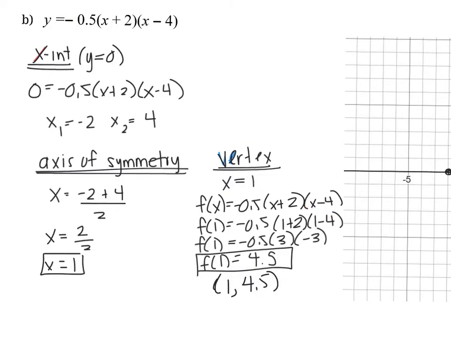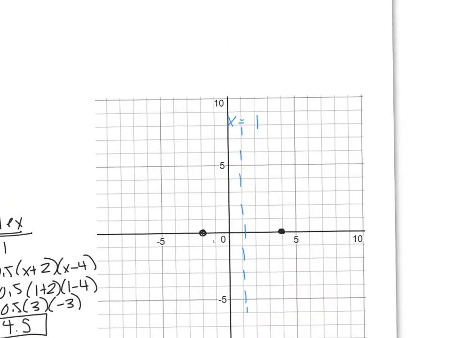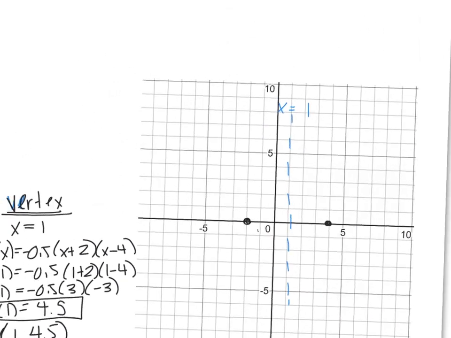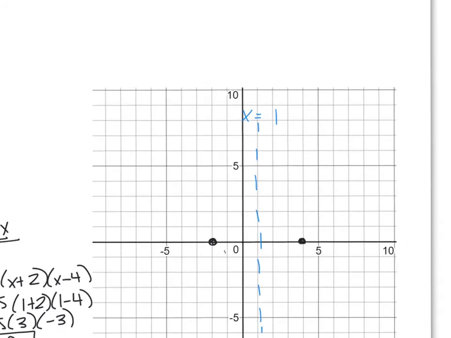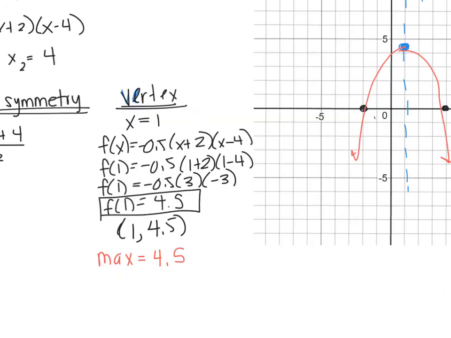So if you need to see this visually, the vertex is going to be at positive 4.5. So I'm going to put in a big dot here, 1 and 4.5 right there. If we were to connect this together, this parabola opens down, which we assumed it would be. So this number here must be a maximum. And we're done.